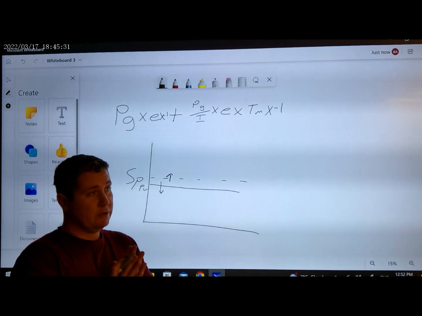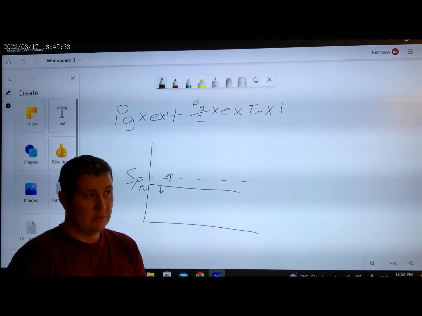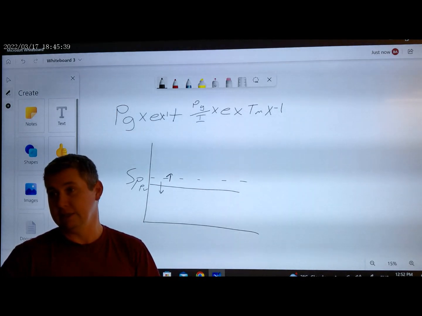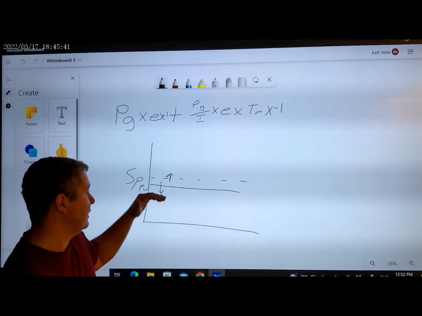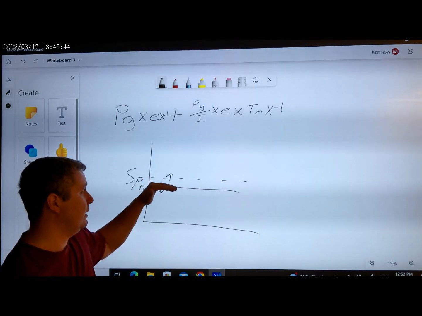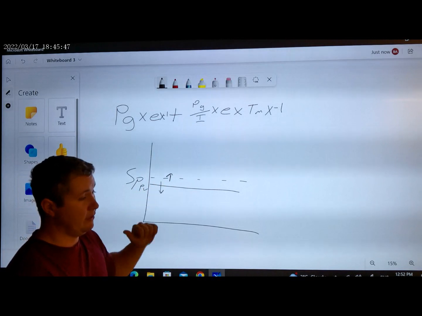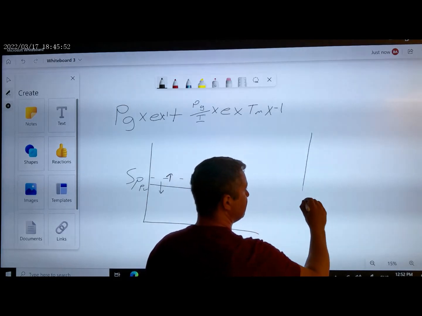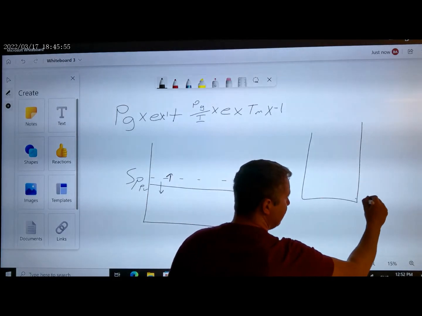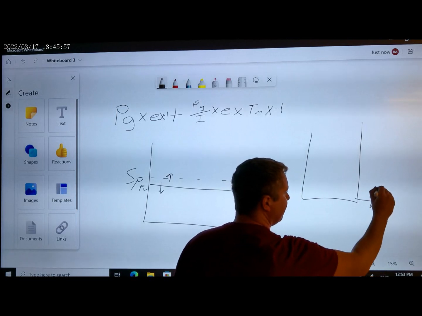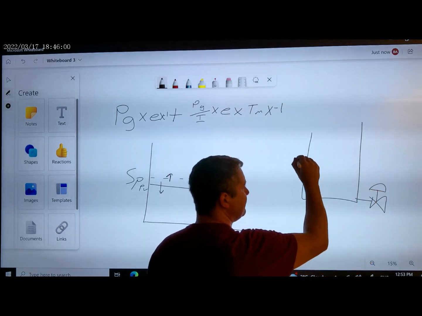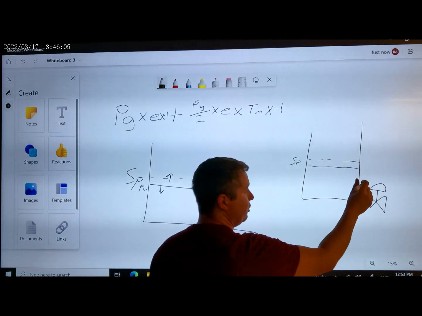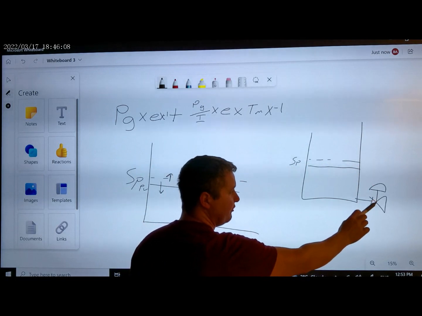Now, if it was direct acting and we had a valve on the output of a tank, and all of a sudden your set point was 50% and your process started to fall below that set point, you would want your valve to close.